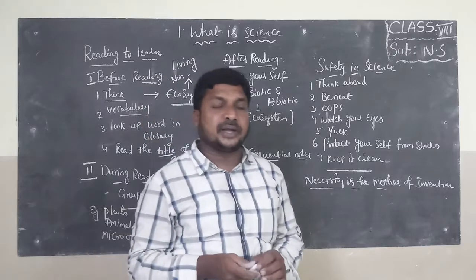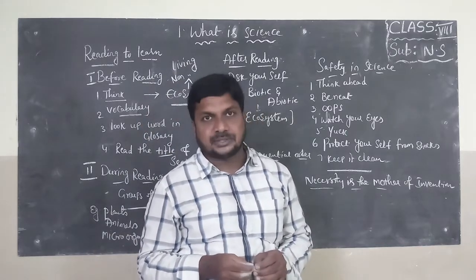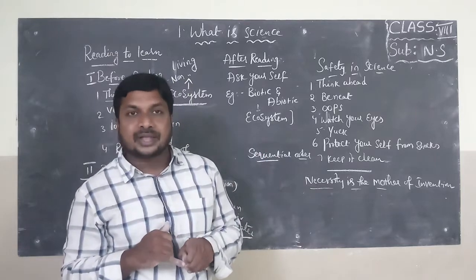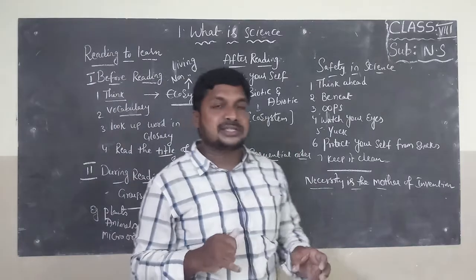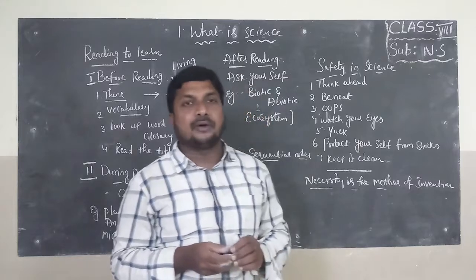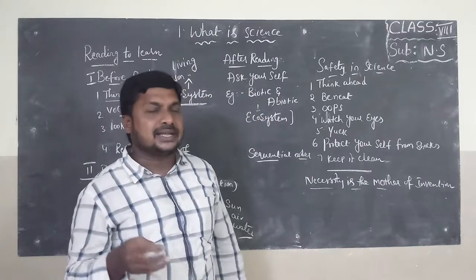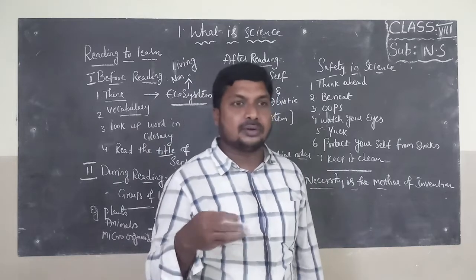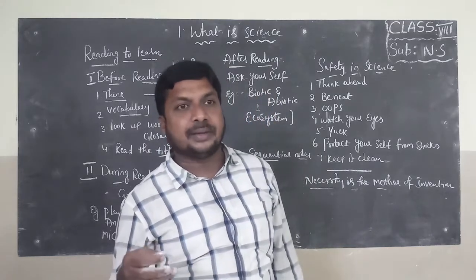So if you want to discover anything in science, you have to discover it after conducting some experiments. Already I explained, we do experiments in science labs, and scientists wear lab coats while doing experiments. At that time, you have to conduct some experiments in the science lab.